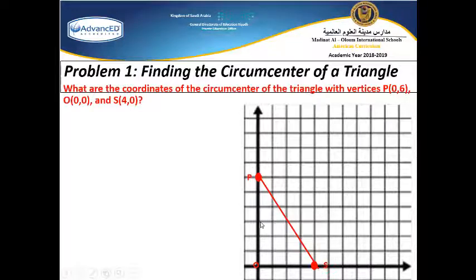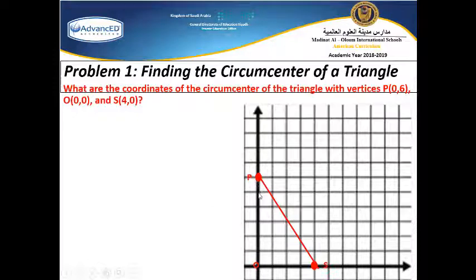Then let's find the midpoint of PO and the midpoint of OS. After that we will draw the perpendiculars of the two sides PO and OS, and let's see where the circumcenter is.